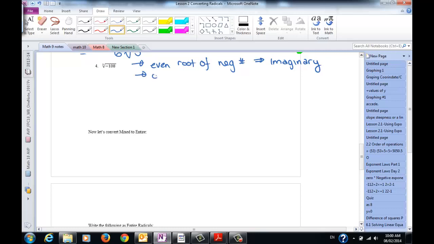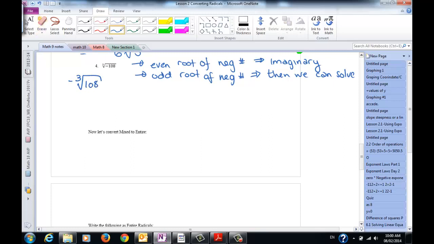But if we have an odd root, so cubed root, 5th root, 7th root, 9th root, as long as it's odd, of a negative number, then we can solve. Because a negative number multiplied by itself an odd number of times is going to be negative. So really I can bring my negative outside and I'm left with 108.